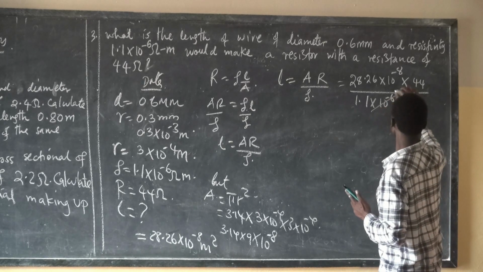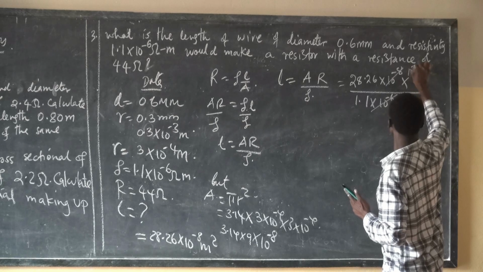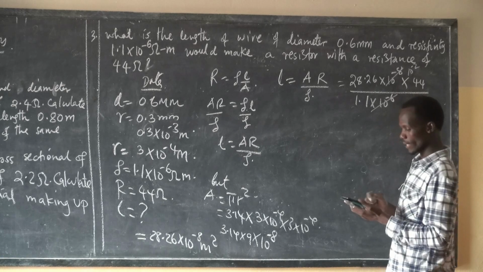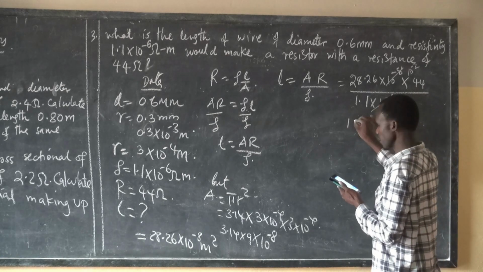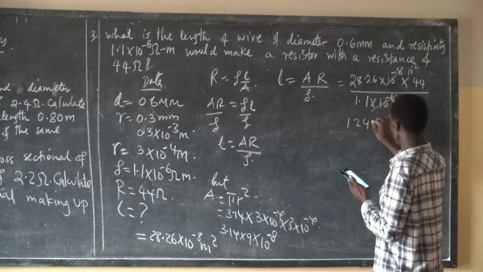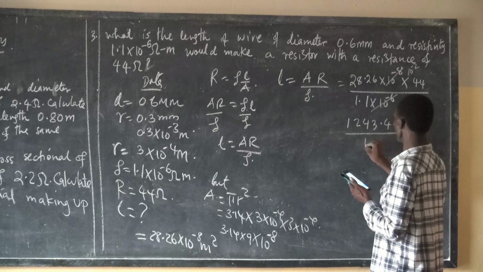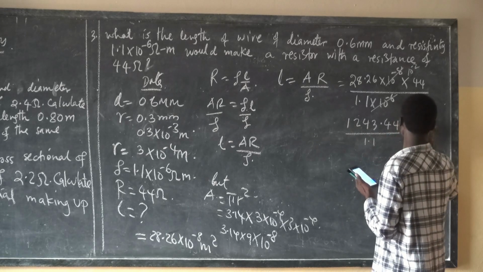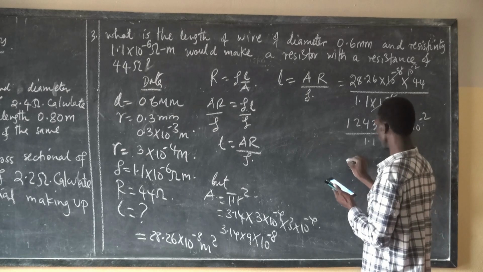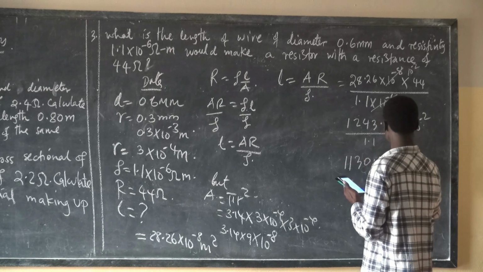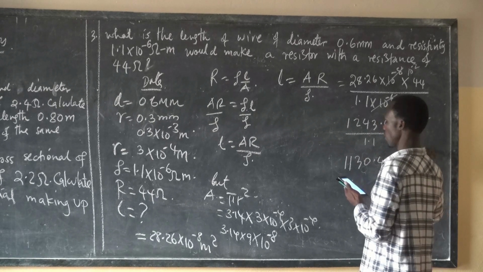Now this one and this one give 10 power negative 2. Now this one is equal to 1243.44 over 1.1 times 10 power negative 2. Now it is equal to 113.4 times 10 power negative 2.